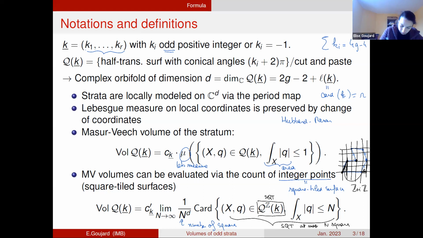So let me make precise what I mean. Let me draw another picture for the same surface. I hope that it's not too small, sorry for that. So here, this is this side. This was the last singularity that I had here.